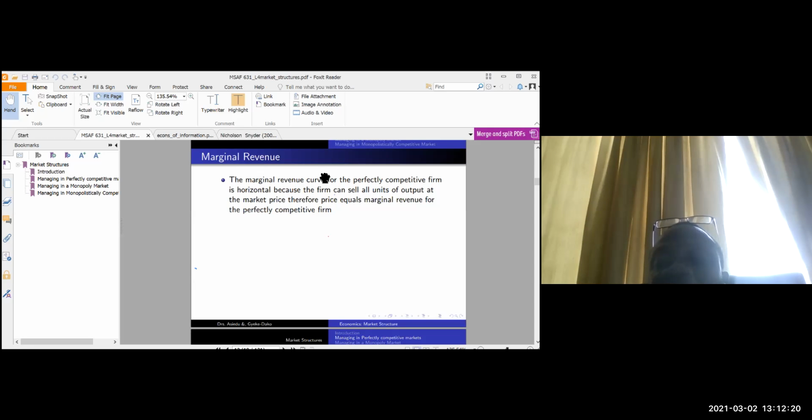So you are saying that the marginal revenue curve for a perfectly competitive firm is horizontal, because the firm can sell all the units at the market price. What do we mean by horizontal? Let me use the whiteboard to explain that. Let me try and draw this quickly.